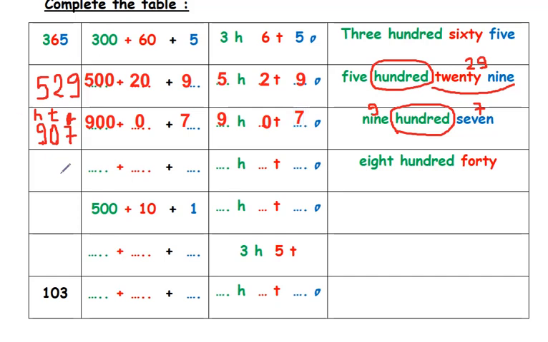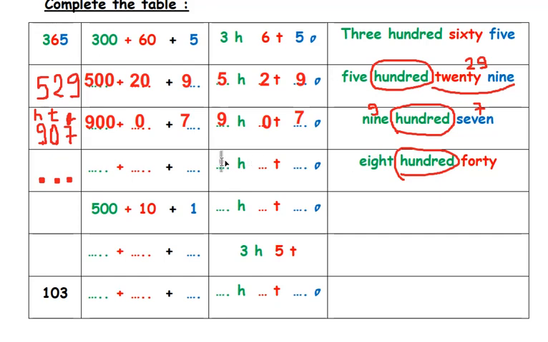I have nothing in here, nothing, nothing. And here I have the number in its word form, eight hundred forty. I have the word hundred. So I put three places, okay? I can start by writing in here 800. What's 800?